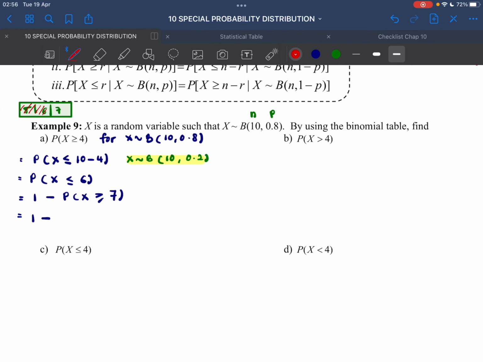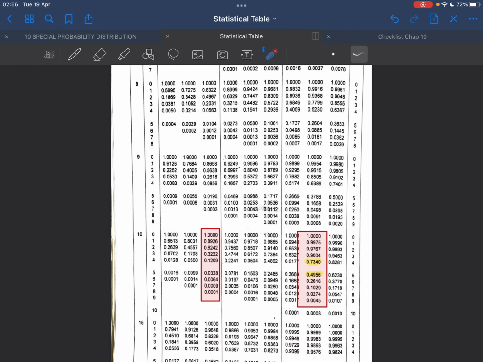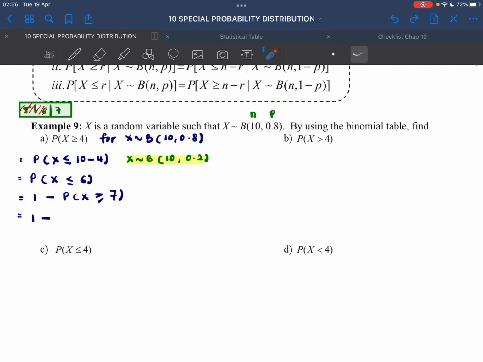So we have n equals 10, p equals 0.2, our r here is 7, so here is 7, we have 0.0009. So we have the answer here, 1 minus 0.0009, so the answer is 0.9991. Okay, so that's it.